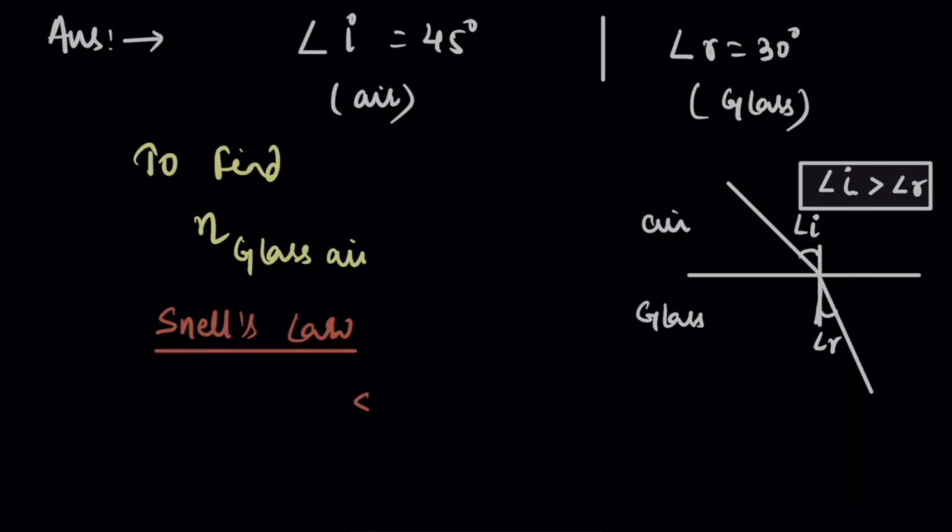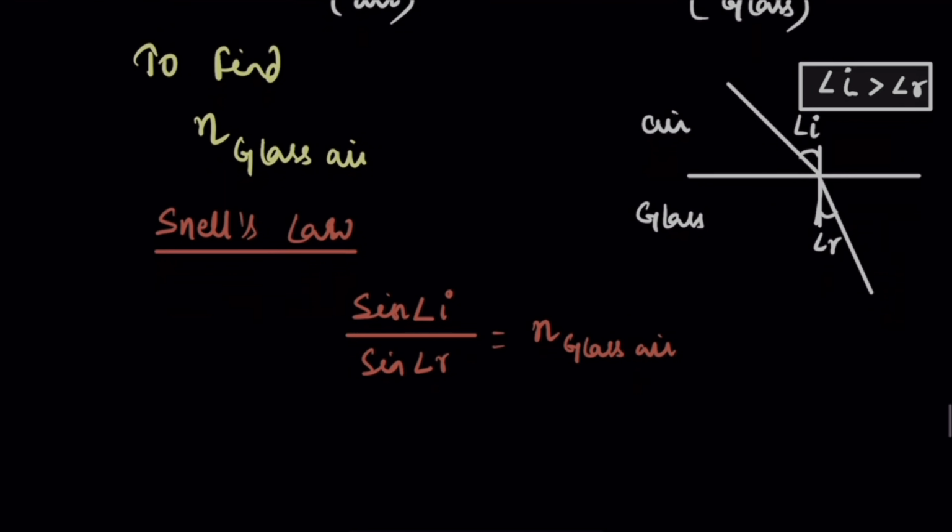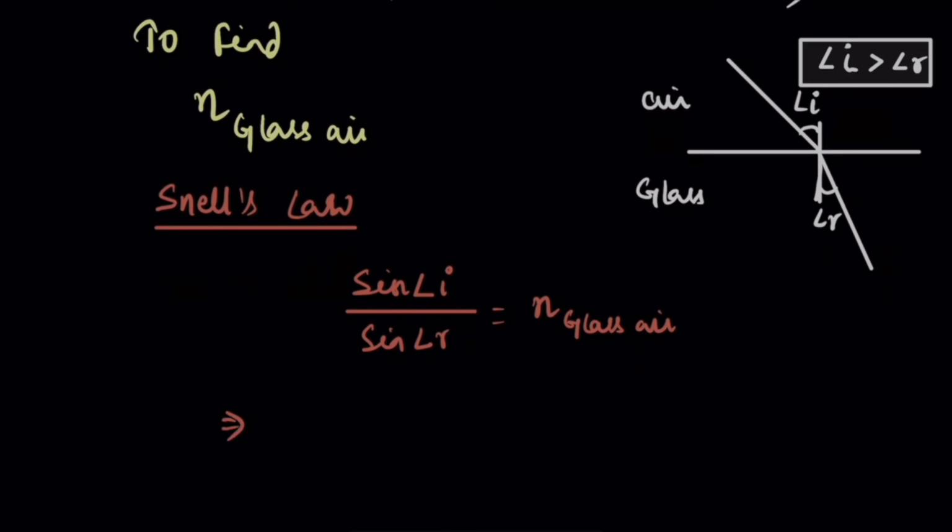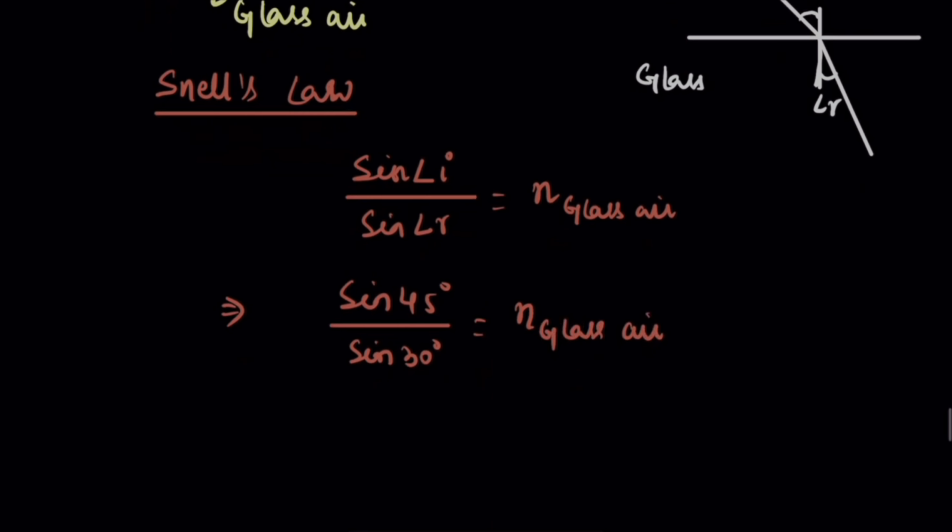We can write sin I by sin R is equal to refractive index of glass with respect to air. We can substitute the value. Sin 45 by sin 30 is equal to refractive index of glass with respect to air.